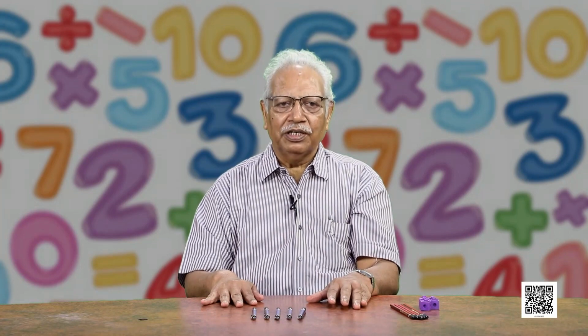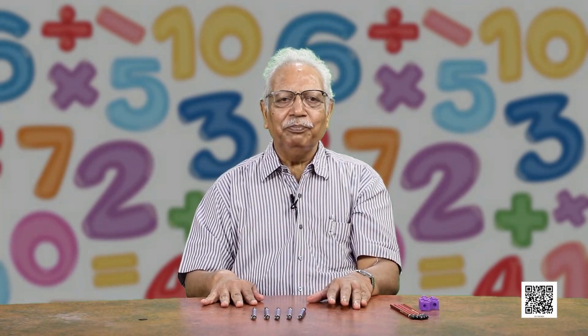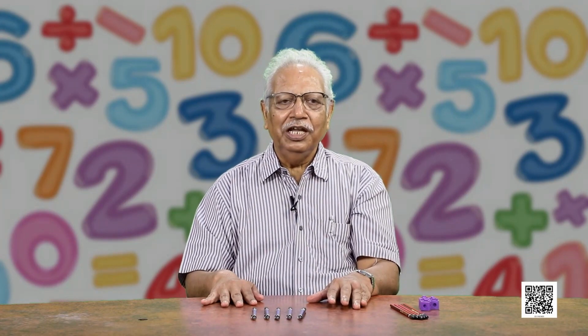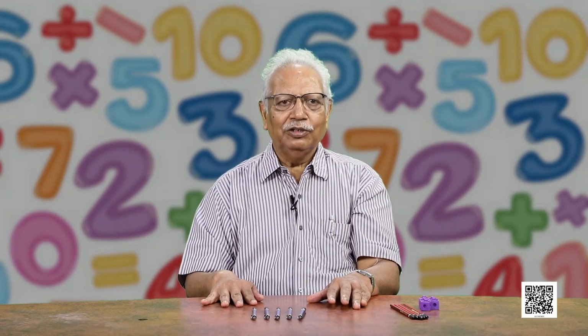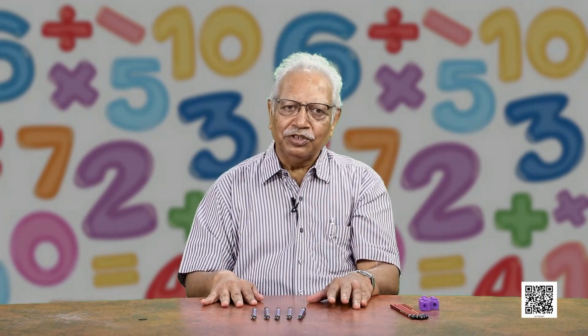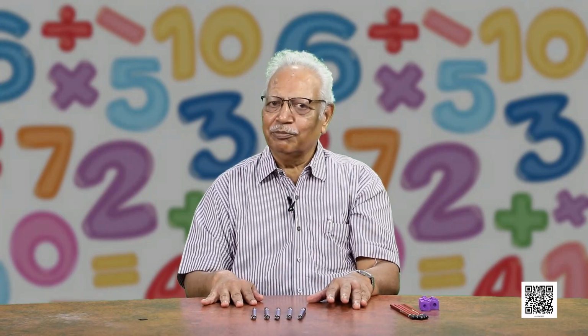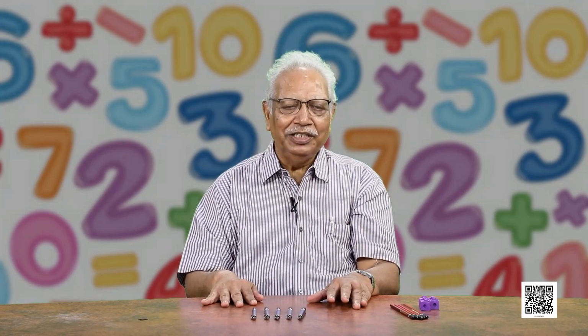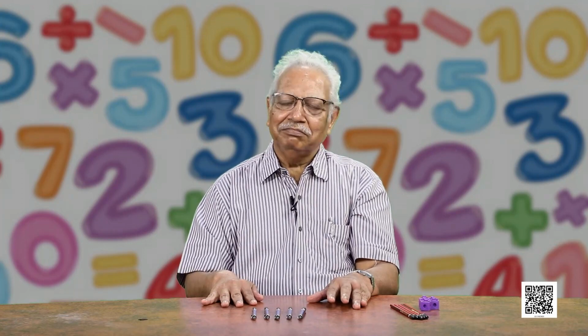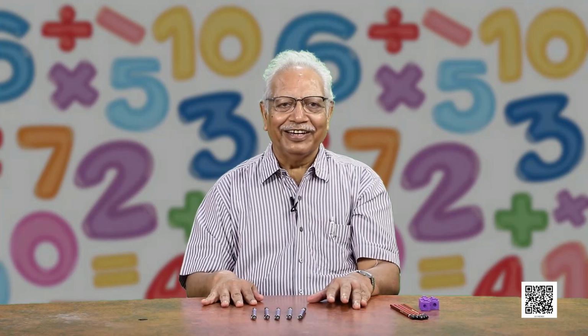Okay, let us go further and now look at some pictures to see how we can add those objects which are in the pictures. 1 ball and another ball. How many they make? By now you know it.